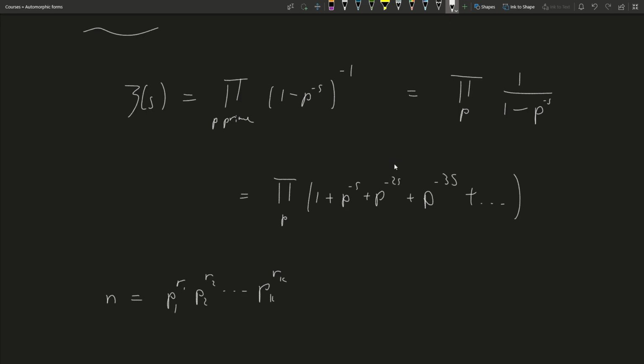If you pick the appropriate term in each factor, then those will multiply out to give you n. And this is a bijection, right? You get each n exactly once, so that tells you that this is in fact the series 1 over n to the s, n from 1 to infinity. So it's totally elementary that it has an Euler product, but this Euler product is extremely useful for doing things.